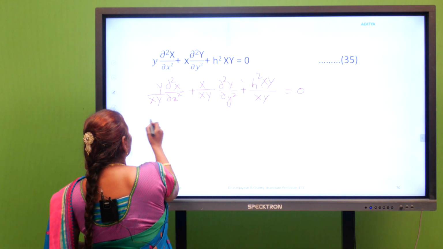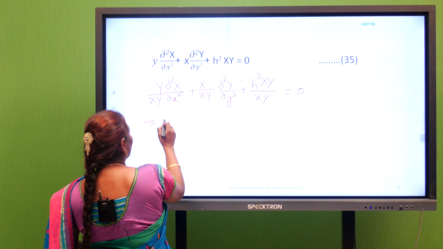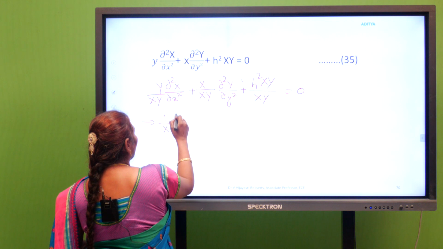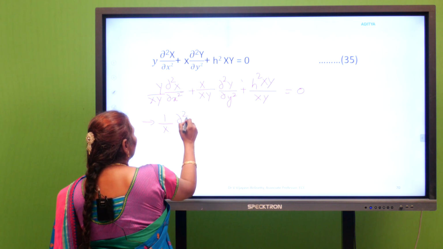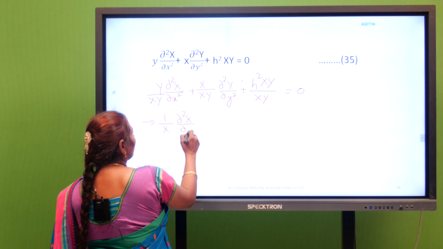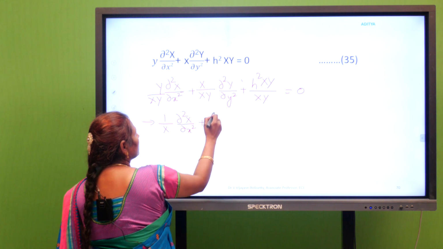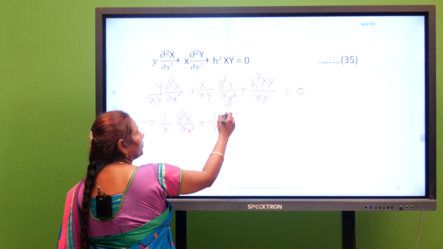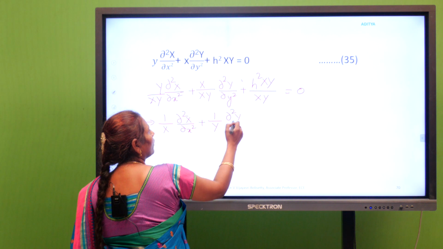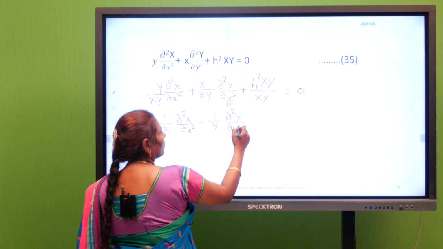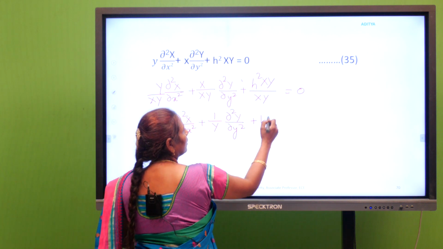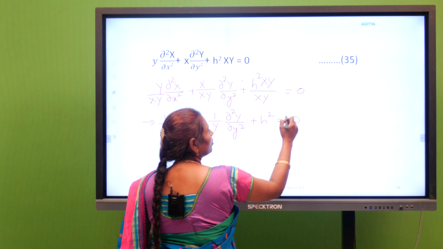Now Y gets cancelled, and this becomes (1/X) ∂²X/∂x² + (1/Y) ∂²Y/∂y² + h² = 0.